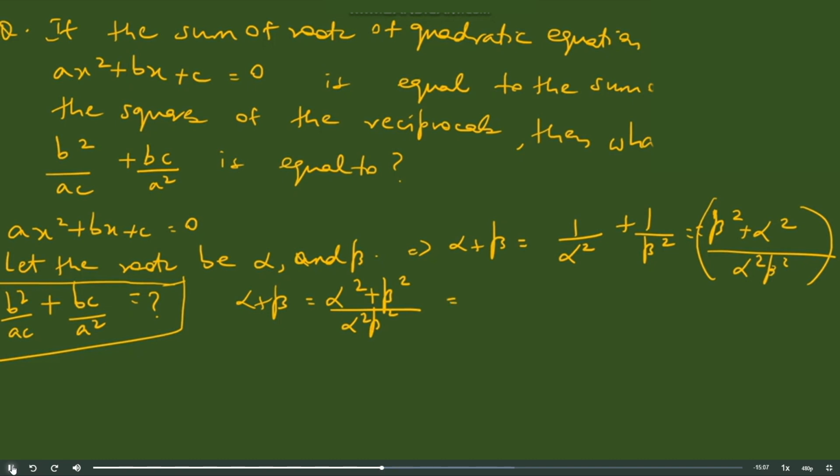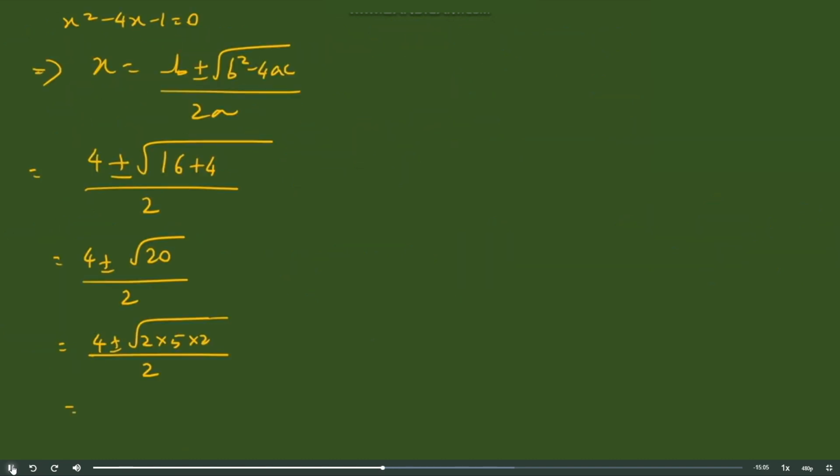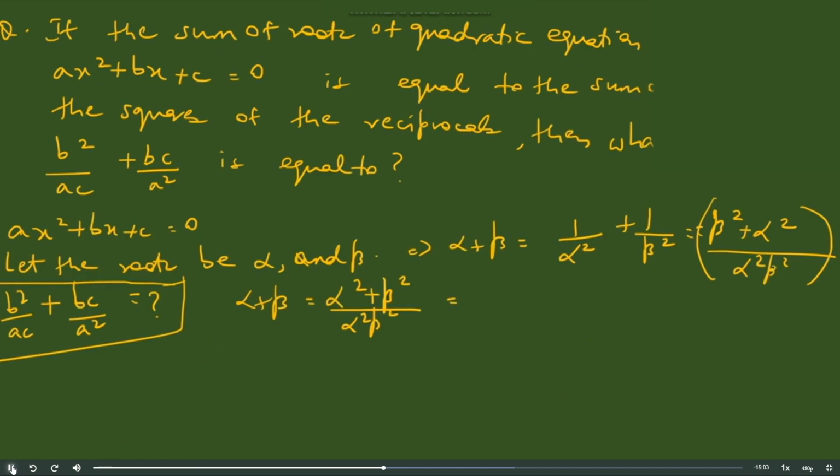Now alpha square plus beta square is equal to alpha plus beta the whole square minus 2 alpha beta. This is what we did in the previous question also. Same thing you will have to apply here, divided by alpha beta the whole square. Okay. Now alpha plus beta we know is sum of the roots and alpha beta is the product of the roots.